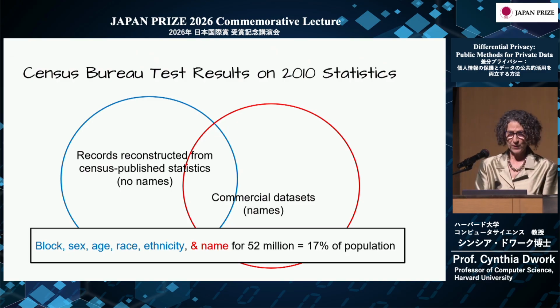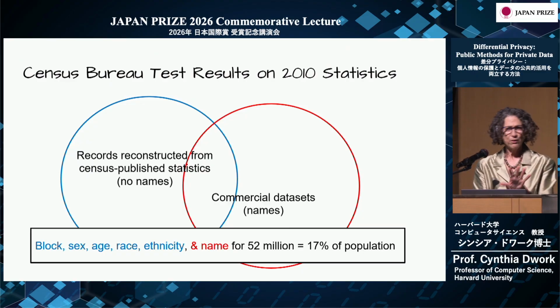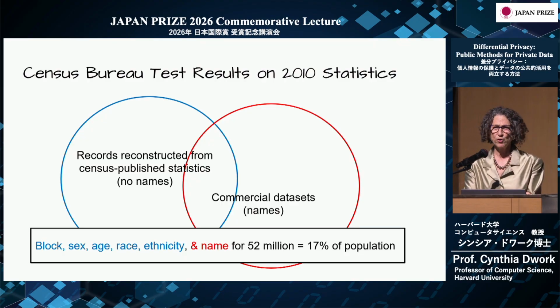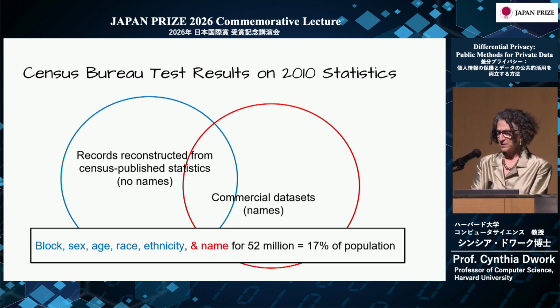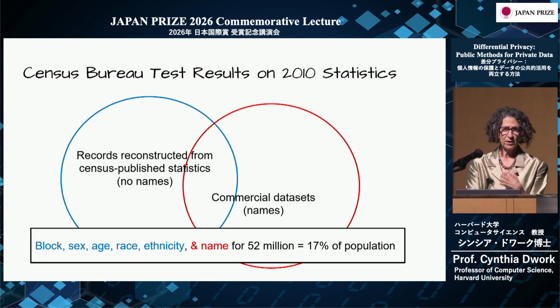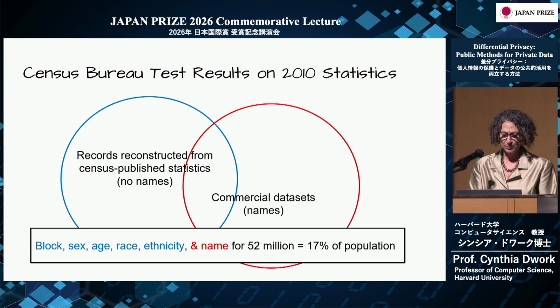Now, they weren't all correct, but they made a list of all 308 million records. Those records have no names. They then linked these records to commercially available data sets, which do have names, and the linkage was done on common fields like age and address, or census block.